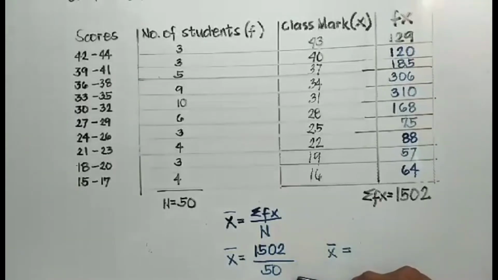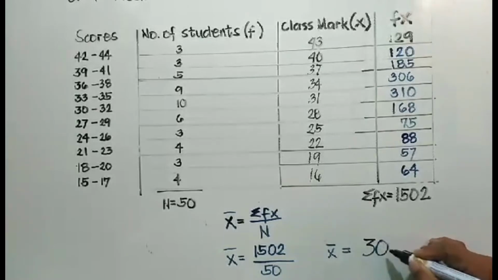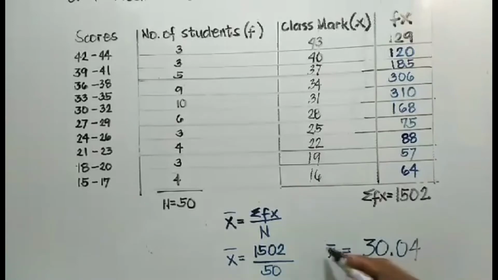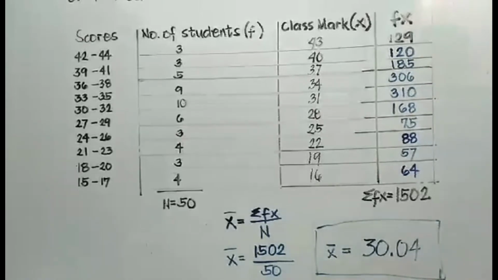Samantala, ang n naman natin ay 50. So, 1,502 divided by 50 equals 30.04. Ito na ngayon ang ating mean of group data.